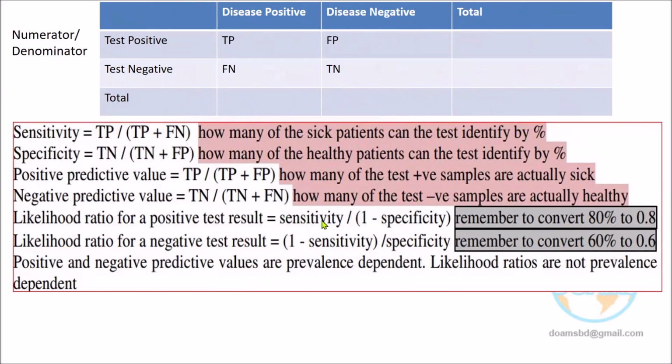Don't be puzzled with more information. Only these four. Sensitivity is TP divided by TP plus FN. Specificity is TN divided by TN plus FP. Positive predictive value is TP divided by TP plus FP. If anyone finishes writing up to this, please tell me.